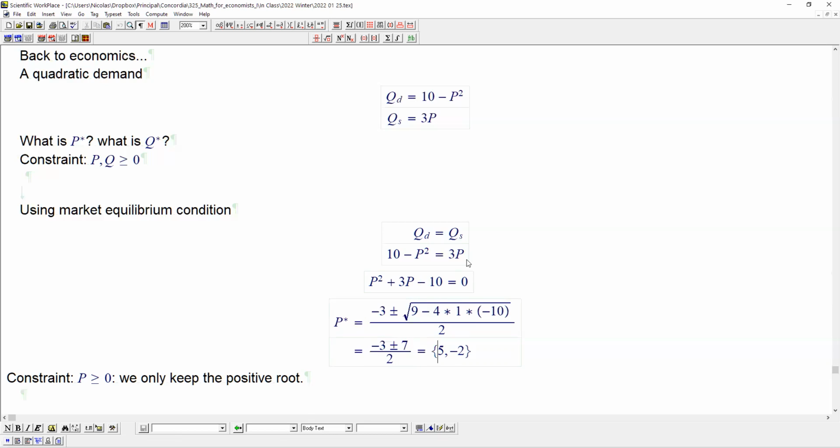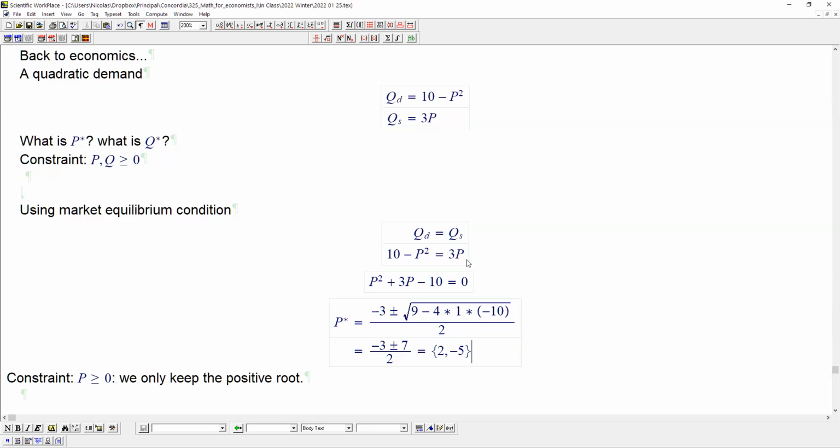So I have, yeah, this is still, yeah, so it's 2 or -5.